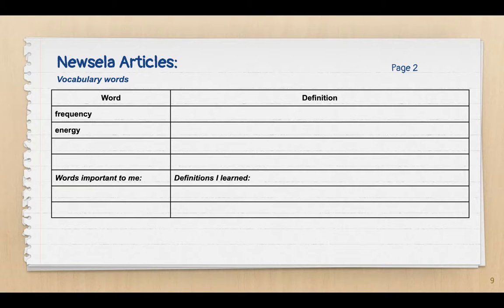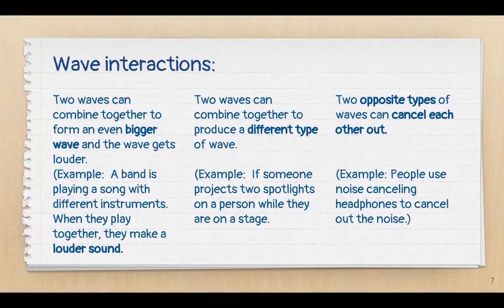There's also an area for you to fill out vocabulary words such as frequency and energy. And you can always add your own words for vocabulary that you're interested in learning or that keeps coming up during these lessons. Let's go back.